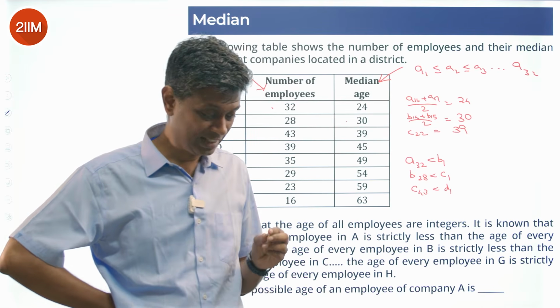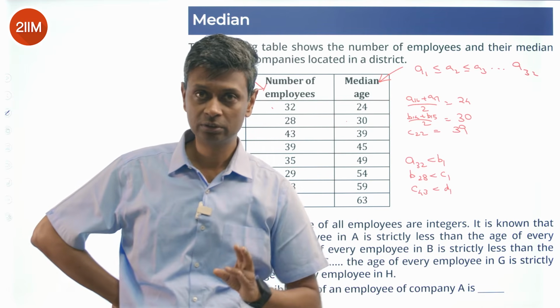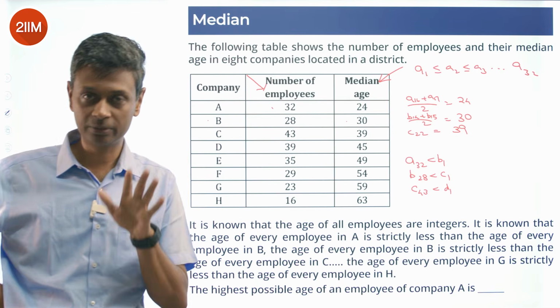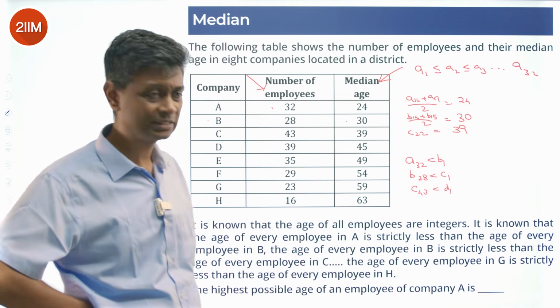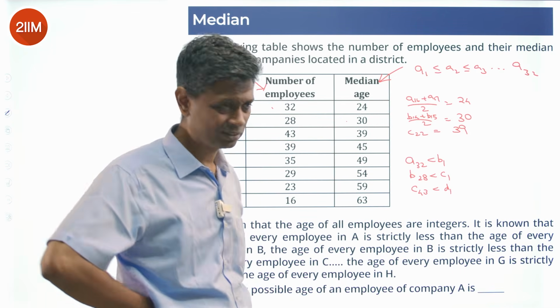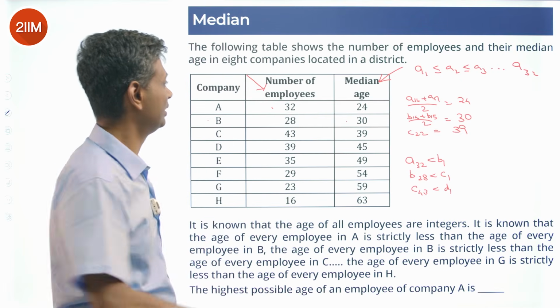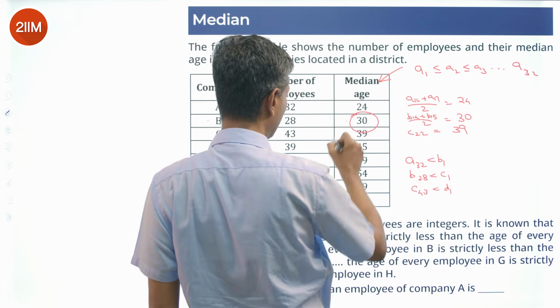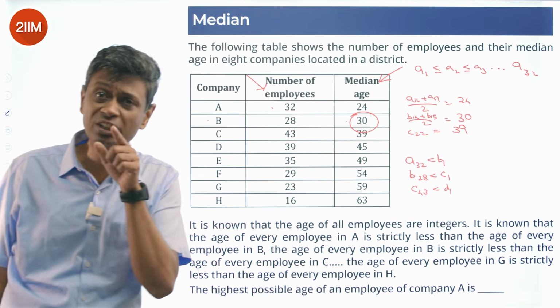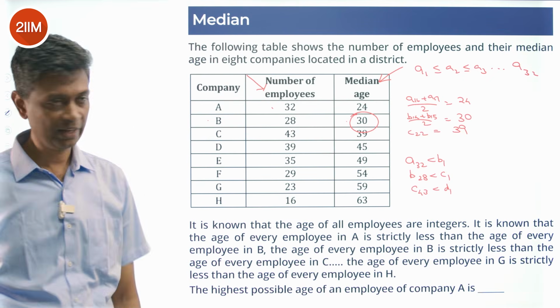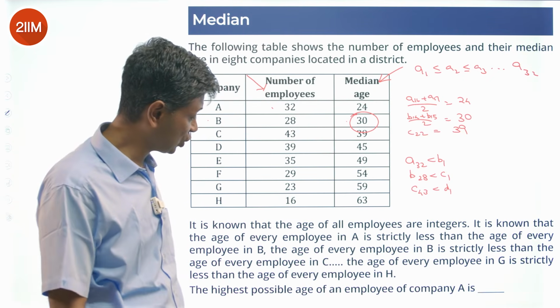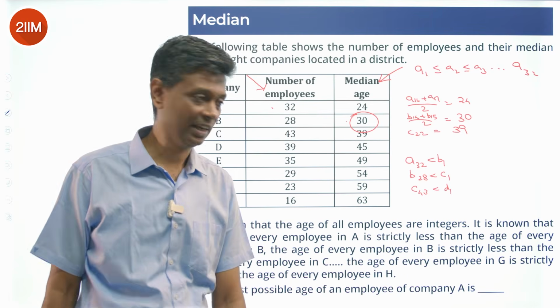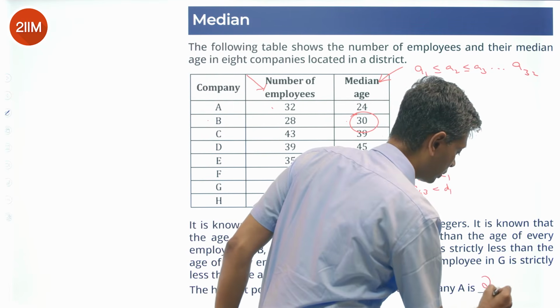Right? But the youngest employee of B, his maximum possible age is 30. B1 max is 30, or A32 max is 29. And this median age minus 1 is the oldest employee in A can be, or the highest possible age of an employee of company A is 29.